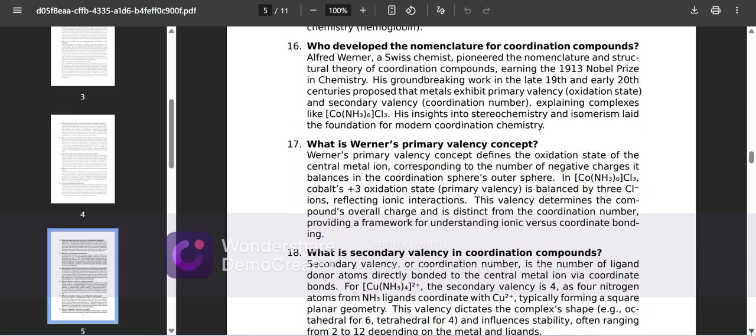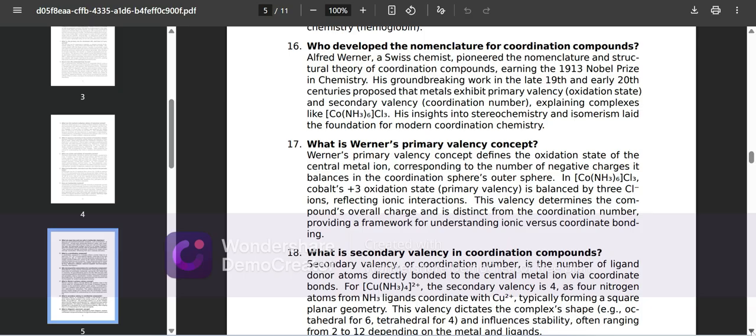Who developed the nomenclature for coordination compounds? Alfred Werner, a Swiss chemist, pioneered the nomenclature and structural theory of coordination compounds, earning the 1913 Nobel Prize in chemistry.